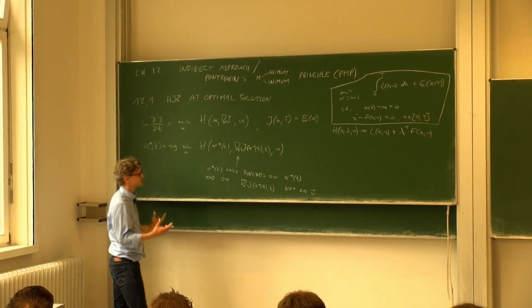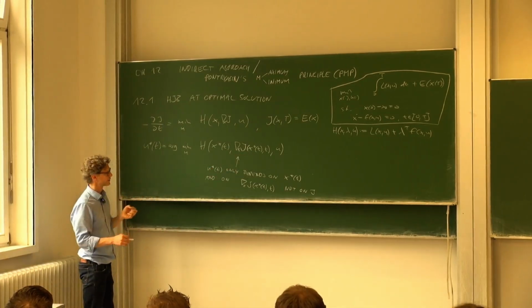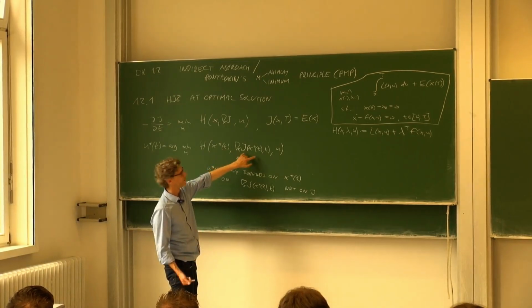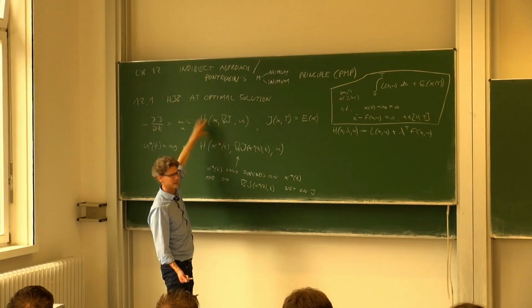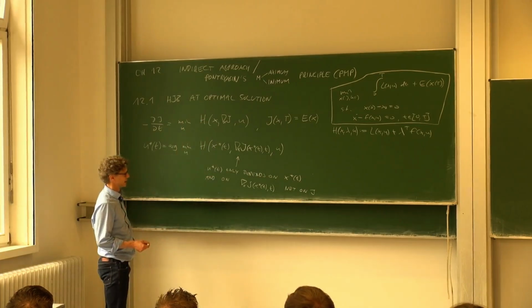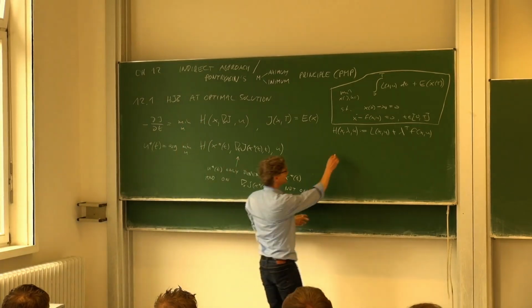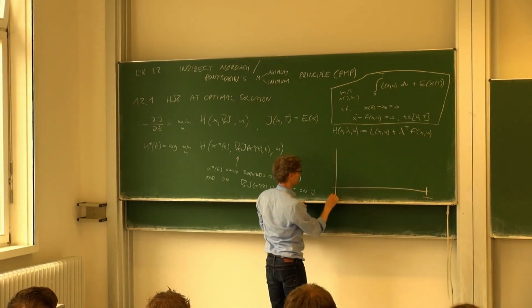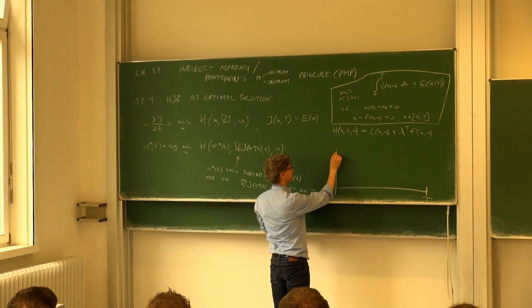So it would be really useful if we would somehow get another set of equations that gives us this gradient, so to say, in a cheaper form than solving the Hamilton-Jacobi-Bellman equation. And that's what we want to do. So let me just give you this one picture. Here's big T, here's 0, here's the state dimension, x.